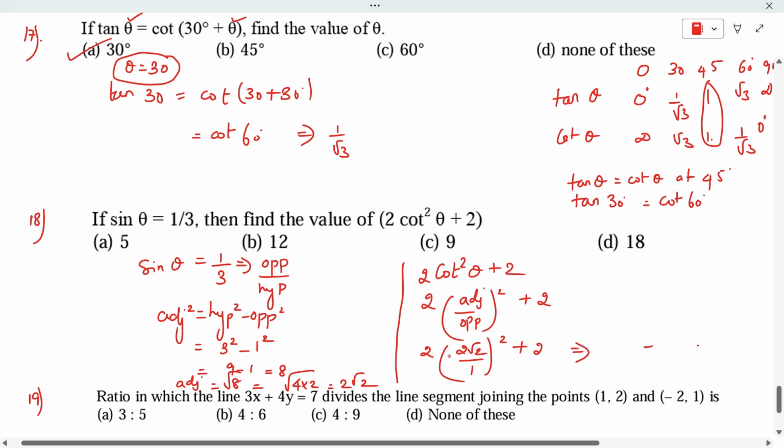What is 2 root 2 the whole square? 2 square is 4, root 2 square is 2, so 4 times 2 is 8. Then 8 times 2 is 16, plus 2 is 18. So the option is D, 18.